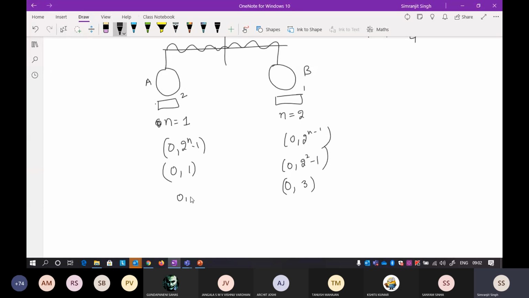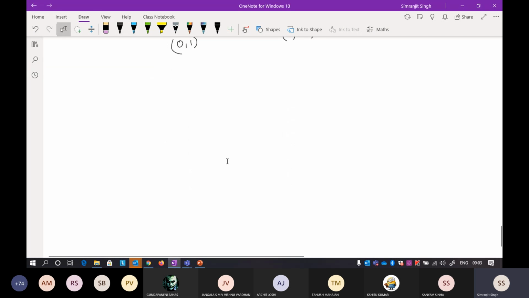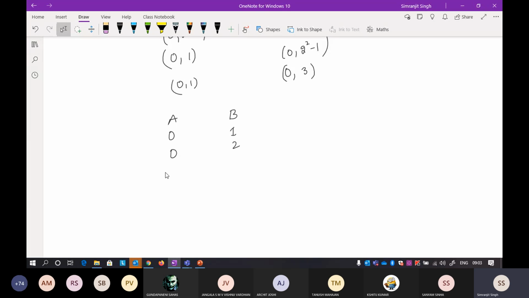Now if you take all the possible cases, from A side it will be 0, and from B side 0, 1, 2, 3. For 1 it will be 1, and 0, 1, 2, 3. So these are all the possible cases that can happen.